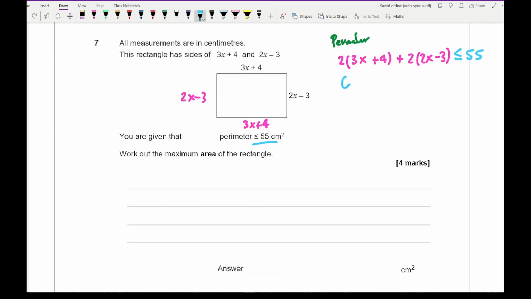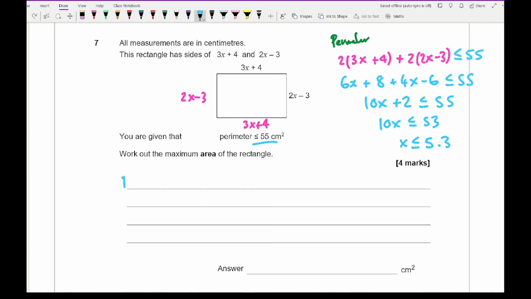So from this, if I expand the brackets, I'll get 6x plus 8 plus 4x minus 6 is less than or equal to 55. So I end up with 10x plus 2 less than or equal to 55. So 10x is less than or equal to 53. So x is less than or equal to 5.3. So the biggest value x can be is going to be 5.3.